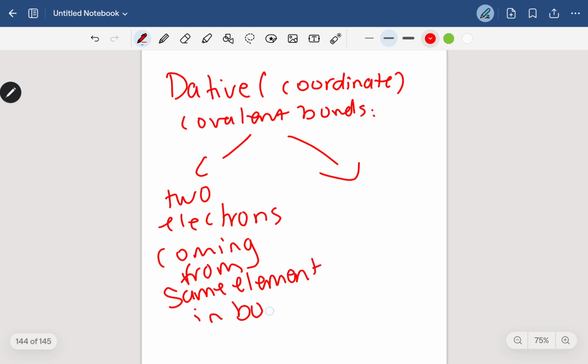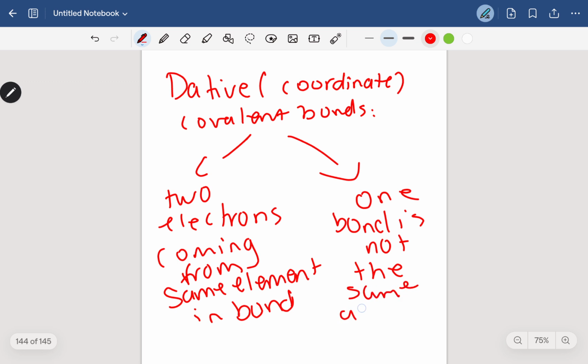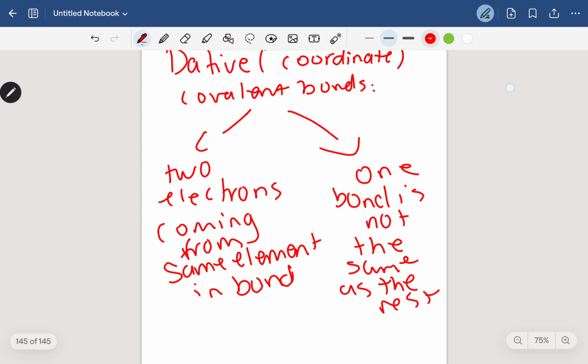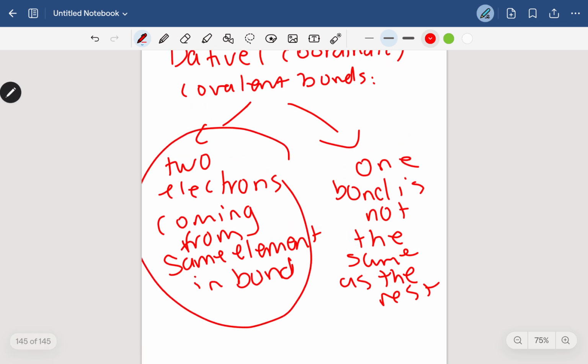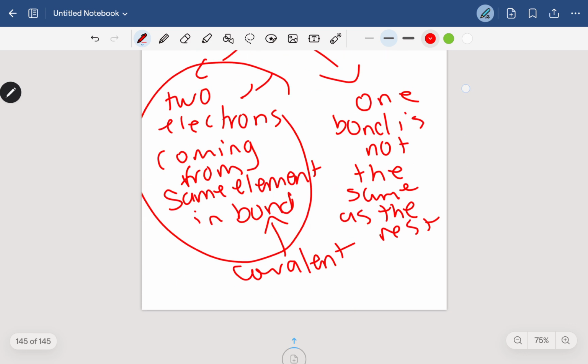Or very simply that one bond is not the same as the rest. But the one they want us to use in the book is that 2 electrons come from the same element in a bond. And we are talking about covalent bonds.